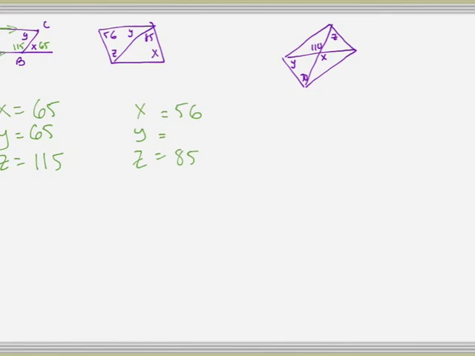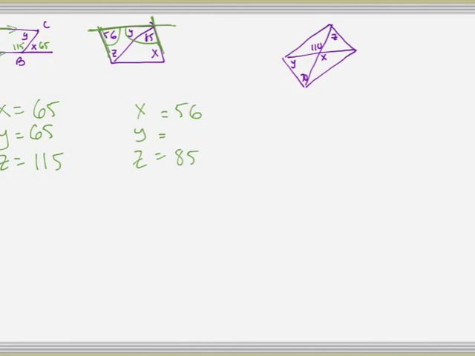Isn't Y 85 also? Y is not necessarily 85. 95? It is not 95. 85? 56? It is not 56. Oh, wait. I know how to figure it out. If I look at my sides being parallel and this line coming across, the angle labeled 56 and this whole corner are what kind of angles?